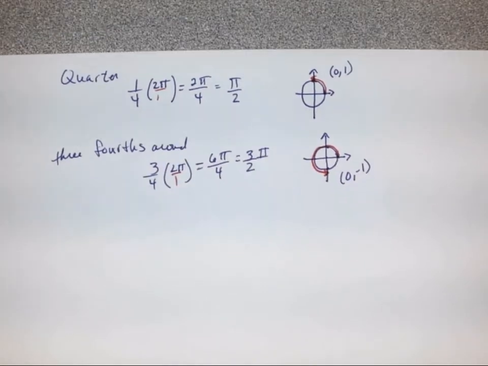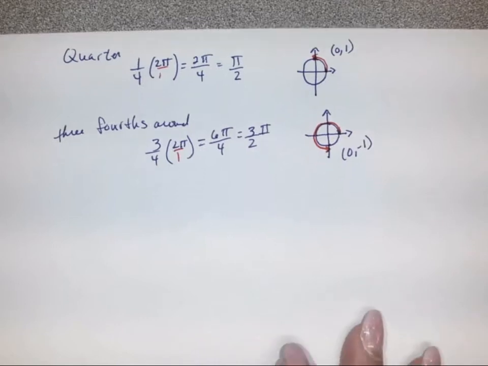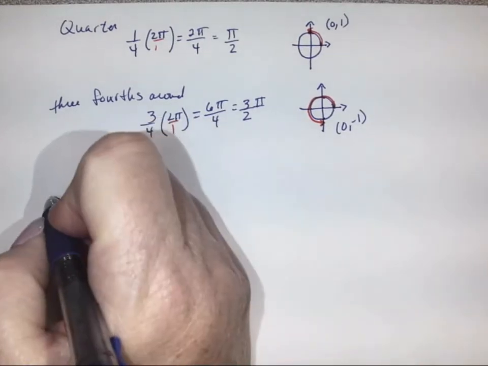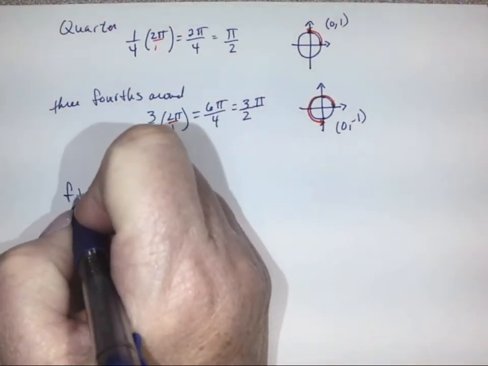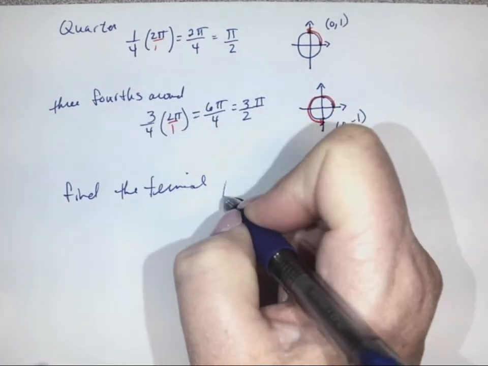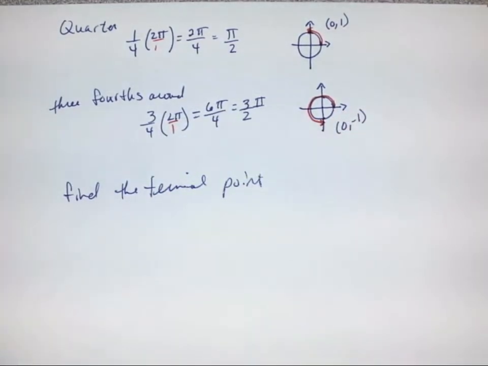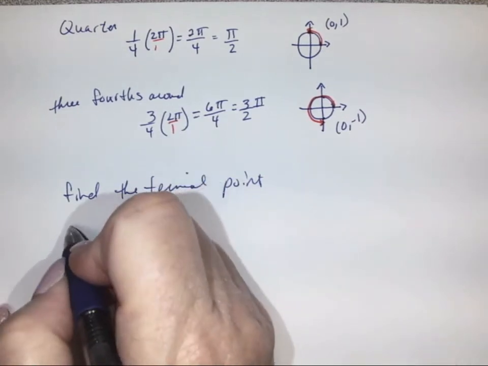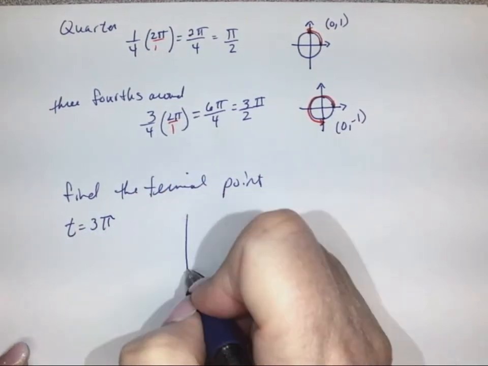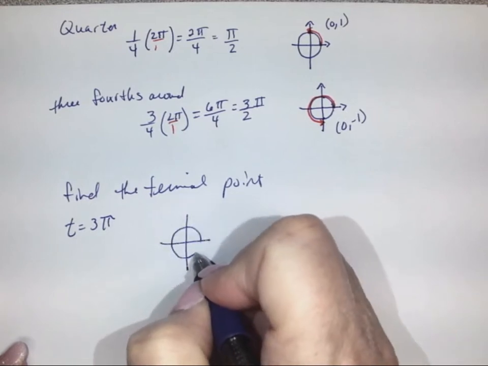All right, so let's go find some other points on our unit circle. We're going to find the terminal point determined by each of our values of t. We're going to use the same process we've used already. If t is equal to 3 pi, we draw our unit circle here.